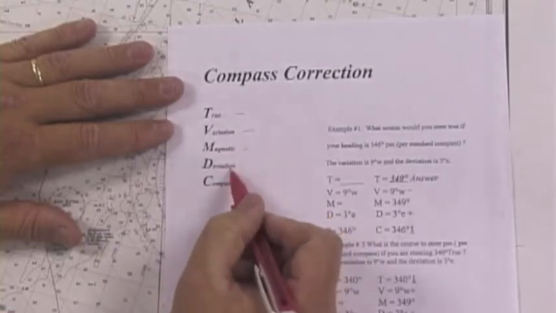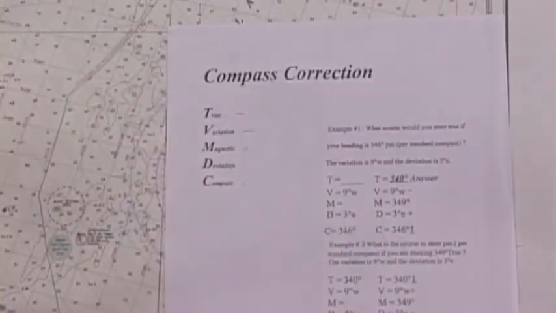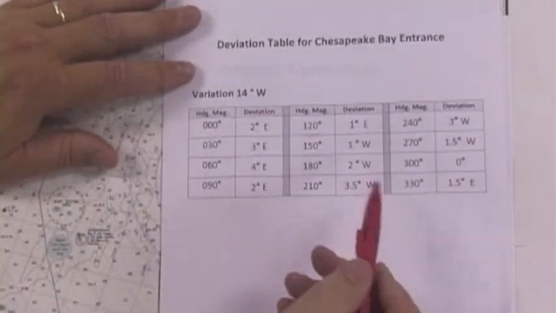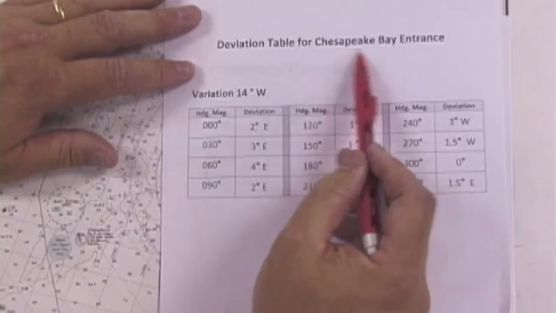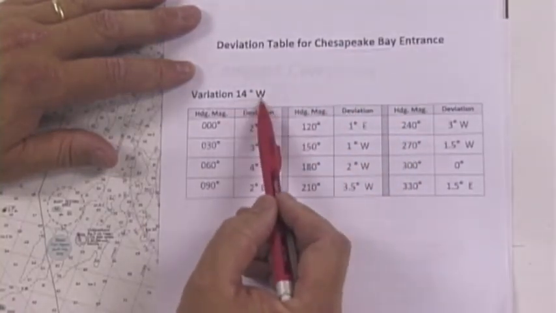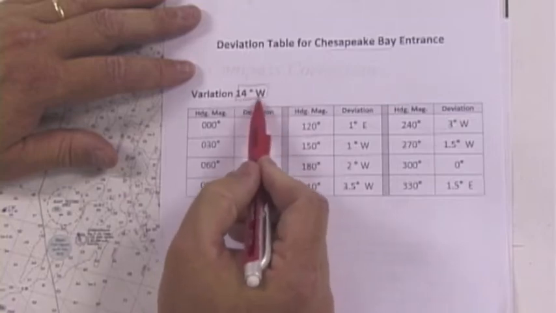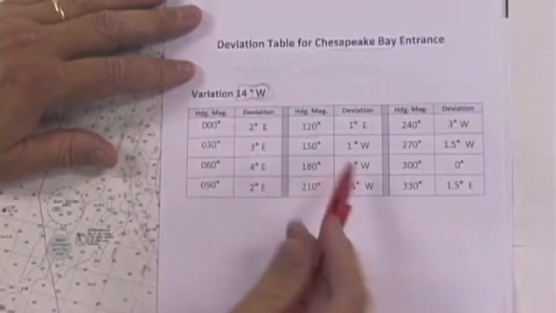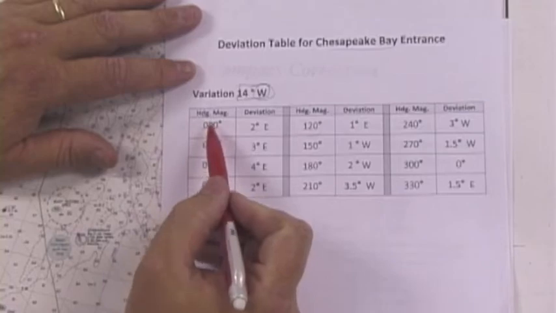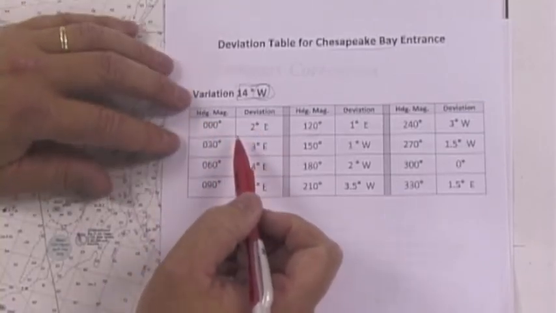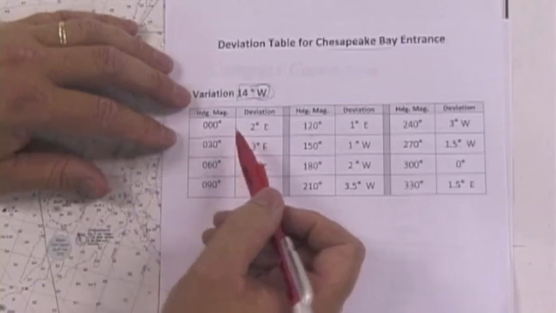The deviation is coming from your deviation table or your compass card. On your vessel, you'll have a compass card. In this case, we're using Chesapeake Bay, and we're always going to use a 14 west variation, and you'll see the west particular will become important. But then we find a magnetic heading. Once we find a magnetic heading, we're going to find the deviation of our vessel, and this is done by a company that comes out and calibrates our compass.